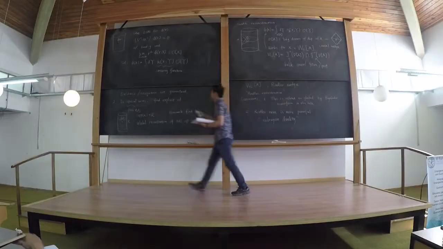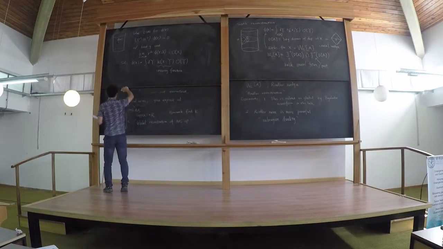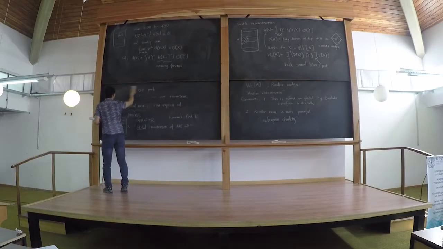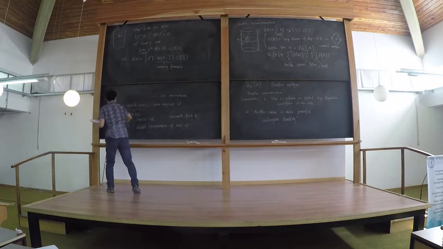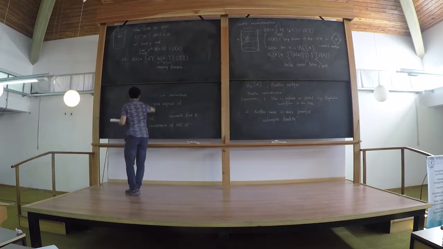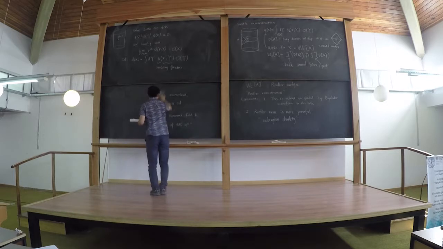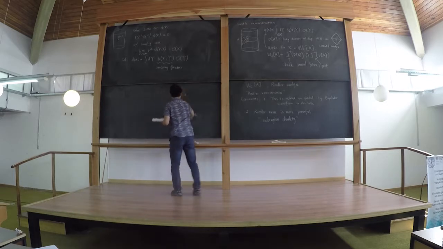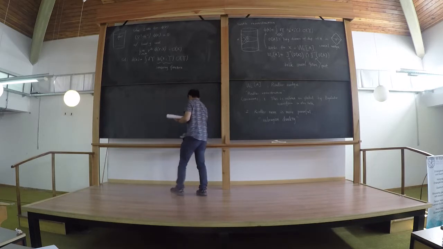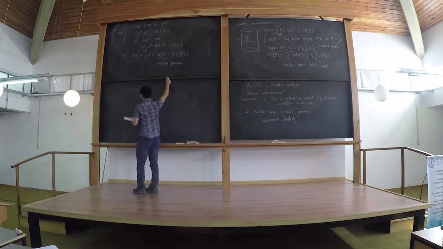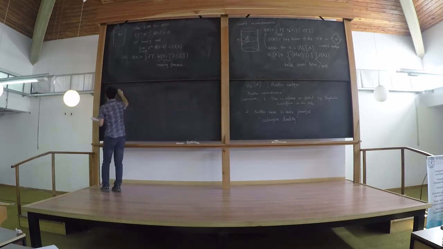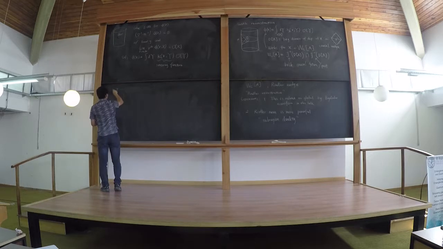The third comment is that we can actually simplify the picture quite a bit by looking at just a single time slice. And in fact, that's what we'll do for the rest of the lecture. We'll look at a single time slice.